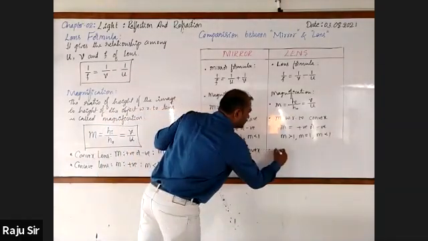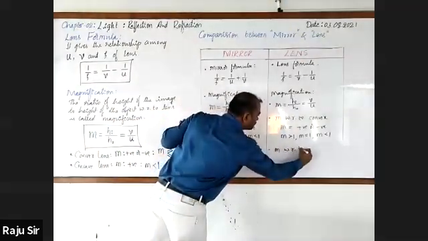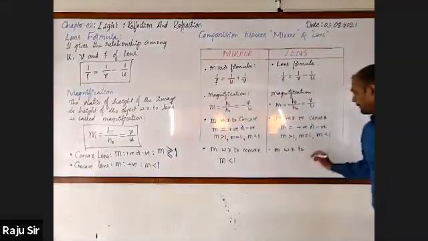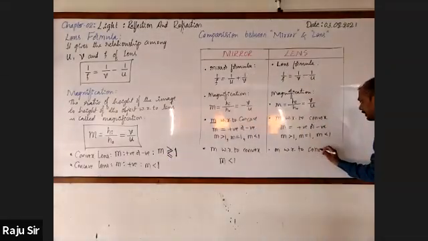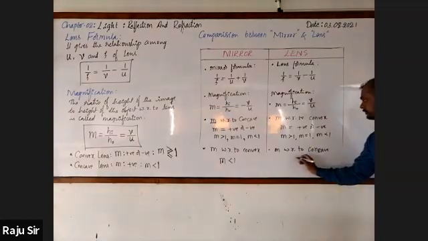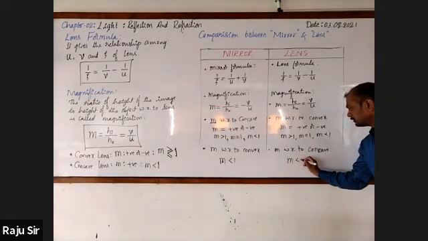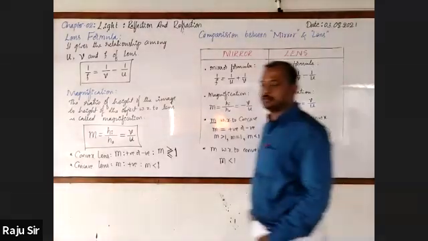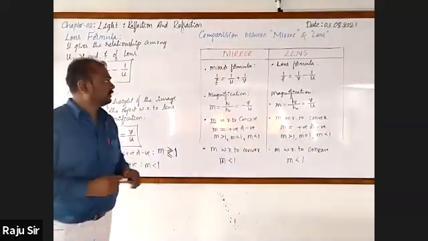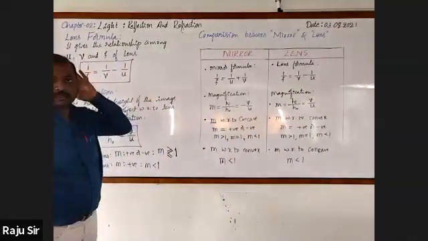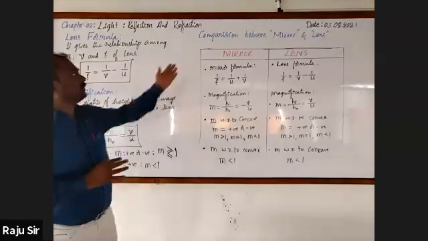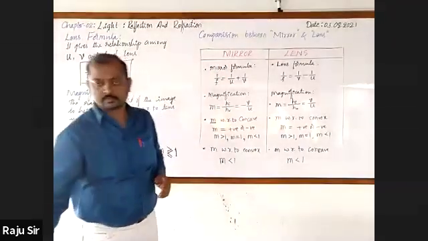And magnification with respect to concave lens, it is always less than 1. So these are the four points of comparison with respect to mirror and lens.